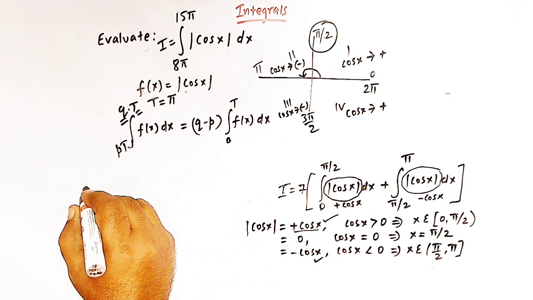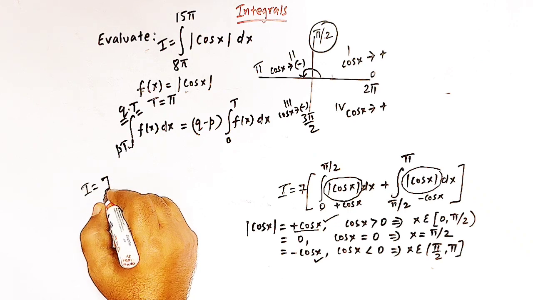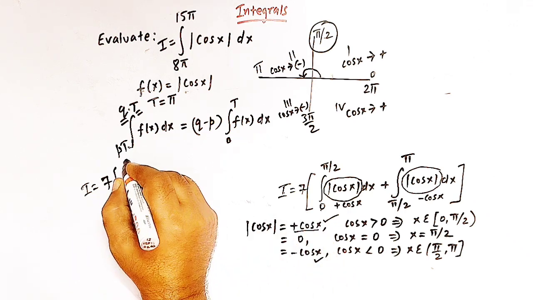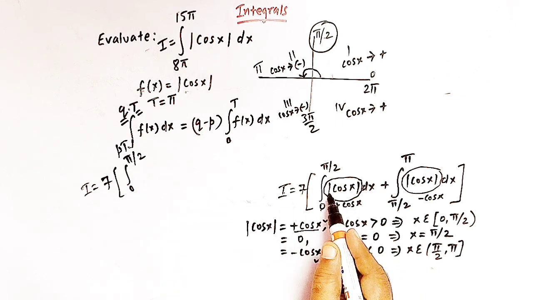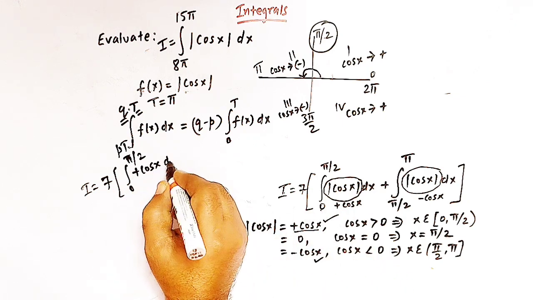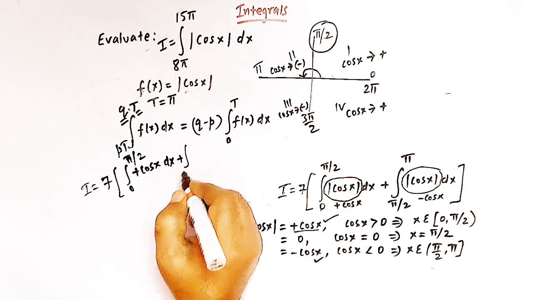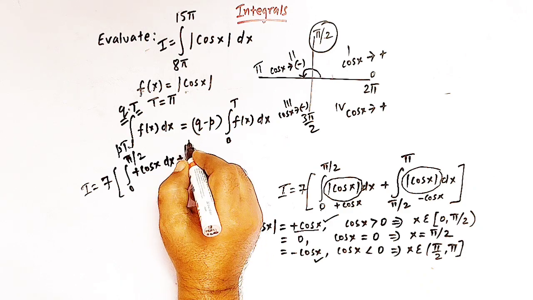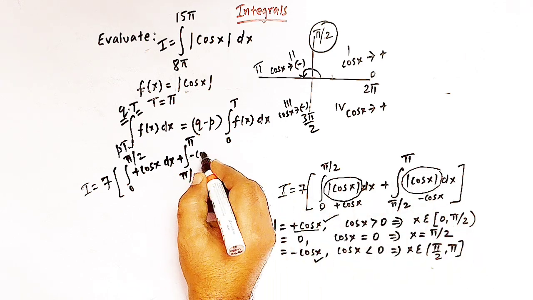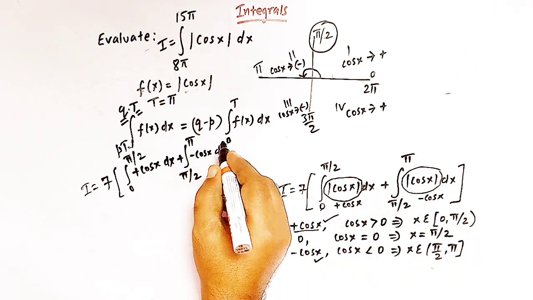So now let us write the integral I as 7 times the integral from 0 to pi by 2 of cos x dx, and then the integral from pi by 2 to pi, where mod of cos x is negative cos x, dx, right?